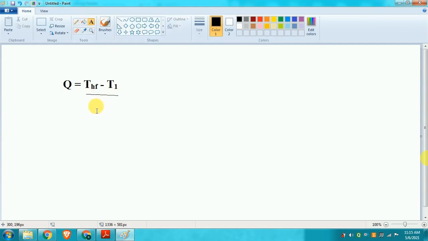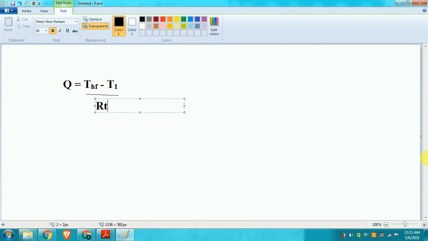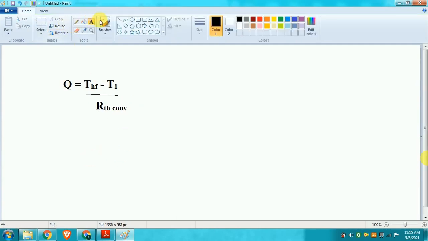So the first layer is RTH, that is due to convection, inside fluid and the inside wall surface. You know the value of THF, you know the value of Q, and T convection for the first inside layer, inside hot fluid to the inside wall surface.